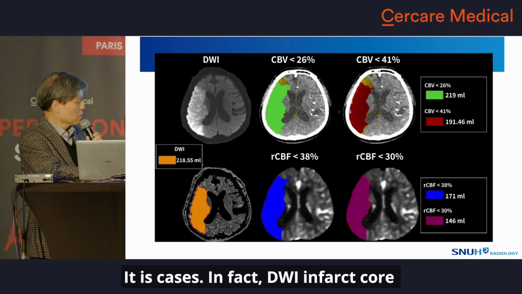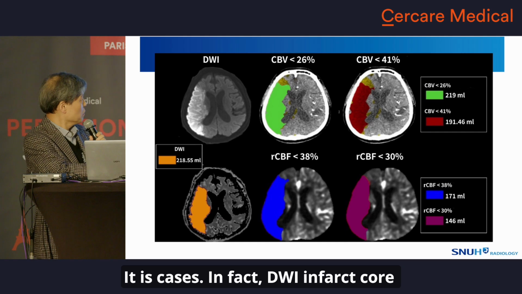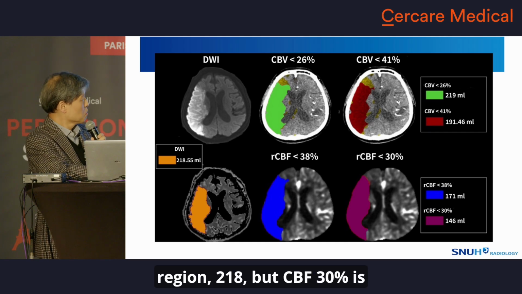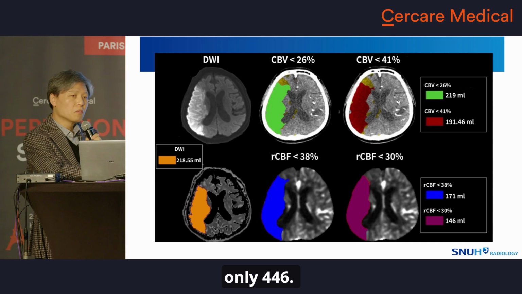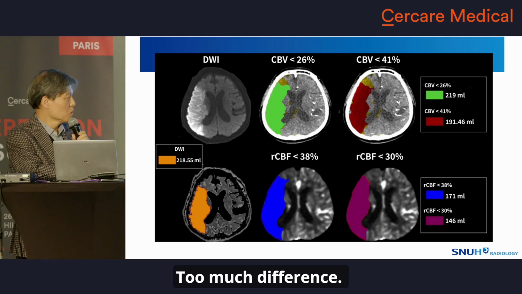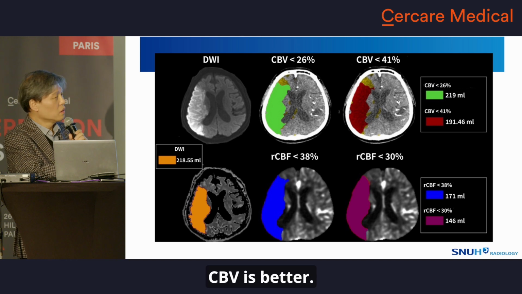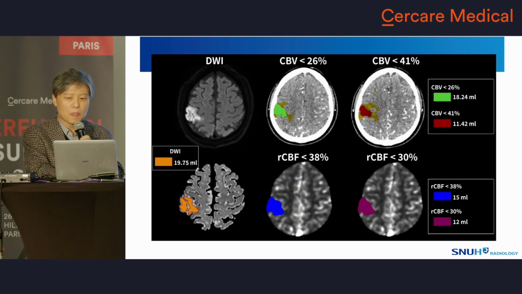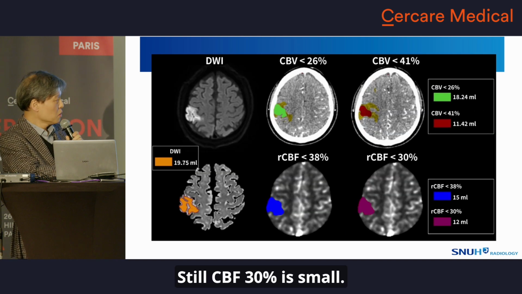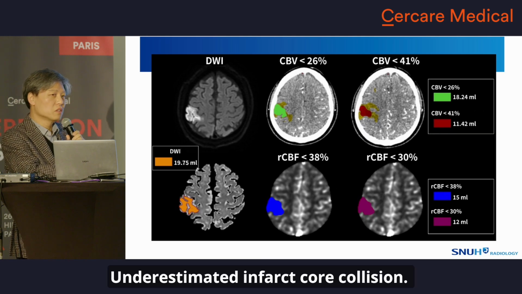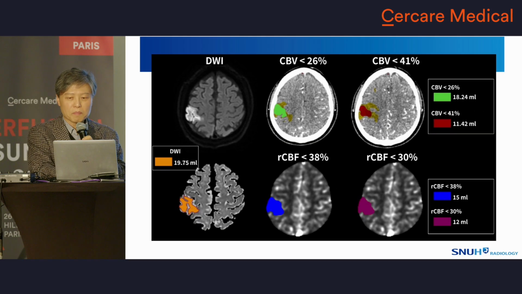In this case, the DWI infarct core lesion was 218, but CBF 30% was only 446. Too much difference. CBV is better. These are small infarct lesions. Still, CBF 30% is small, underestimating the infarct core lesion.